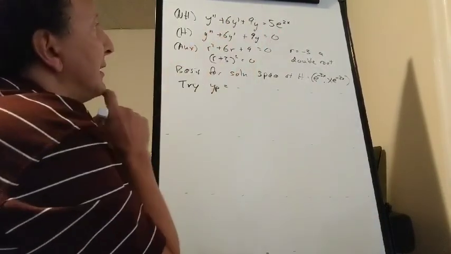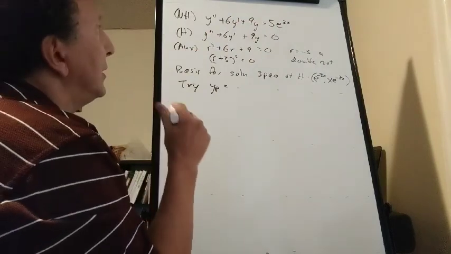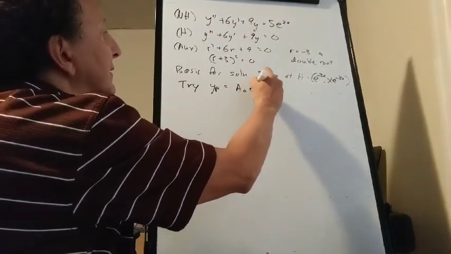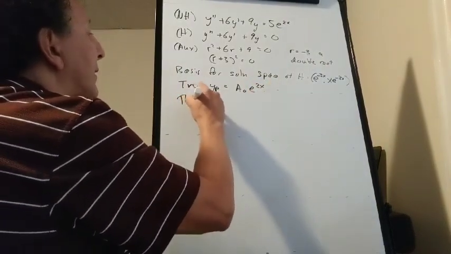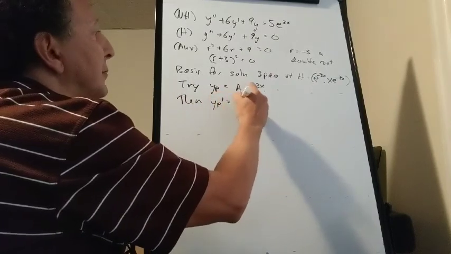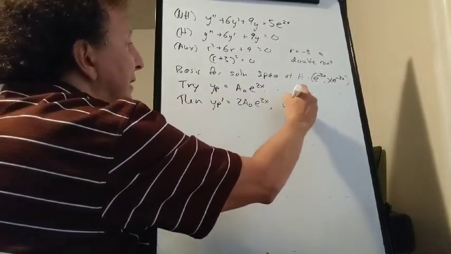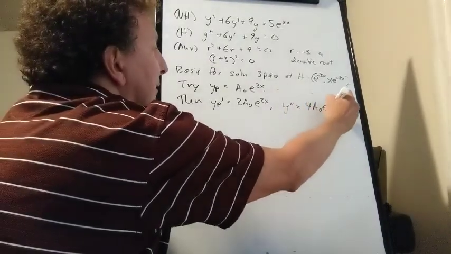All right, looking at the right-hand side, we don't have any polynomial there next to the exponential. We'll try yp equals some constant a0 e to the 2x. So then the derivative is going to be 2a0 e to the 2x, and the second derivative is 4a0 e to the 2x.